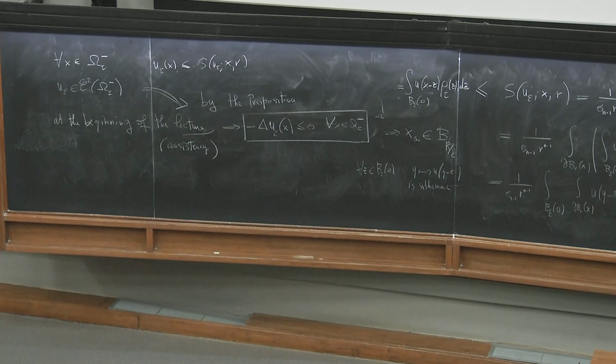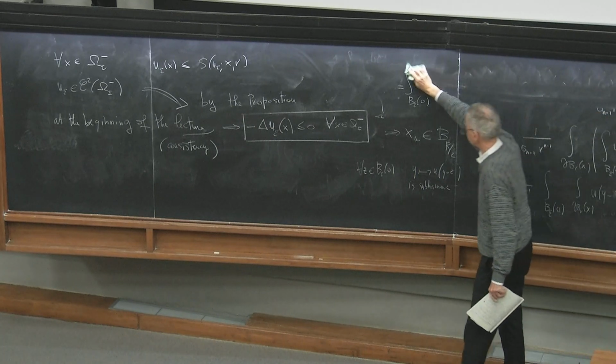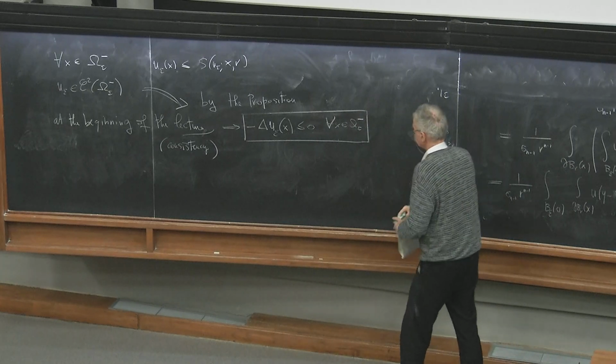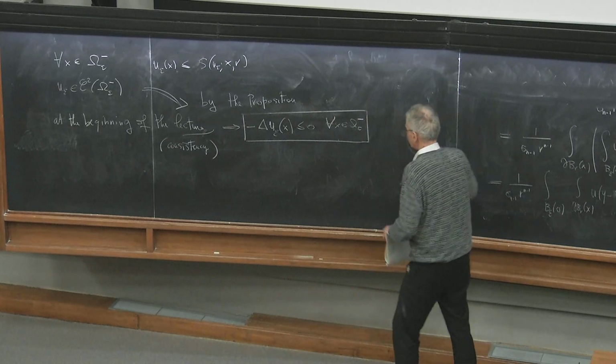Okay, so this means that we have that inequality, but now the path is easy because we can multiply by a non-negative test function.